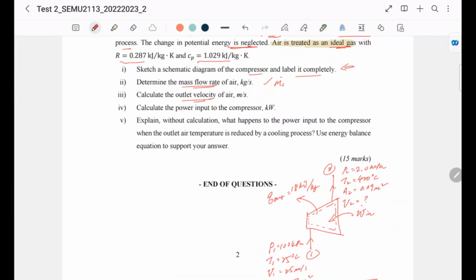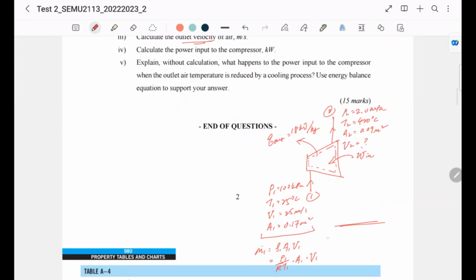Okay, so for the outlet velocity, of course, M1 equals M2, conservation of mass. So M2 will be rho 2, A2, V2. We have pressure, we have temperature, so rho 2 is P2 over RT2.